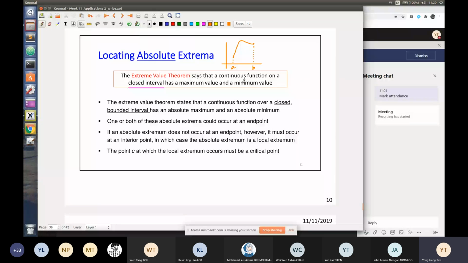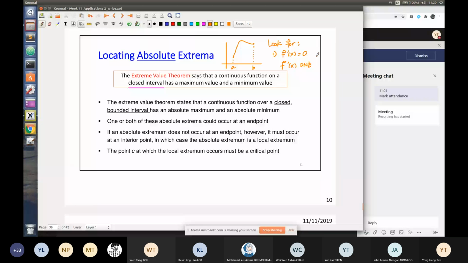Now you're going to look for two things. In the interior of the interval, you have to look for one, f prime x equals 0 and f prime x does not exist.